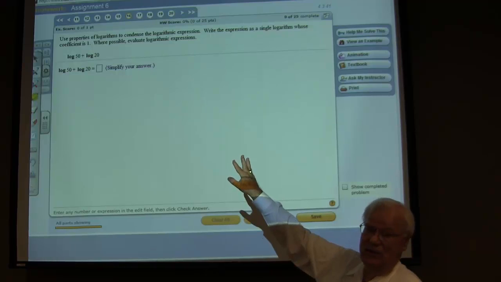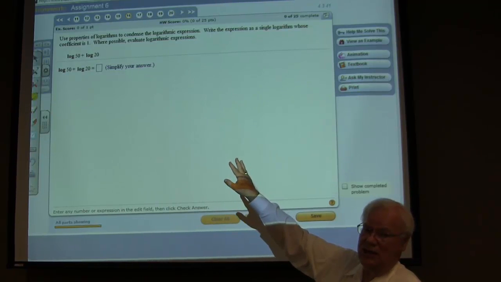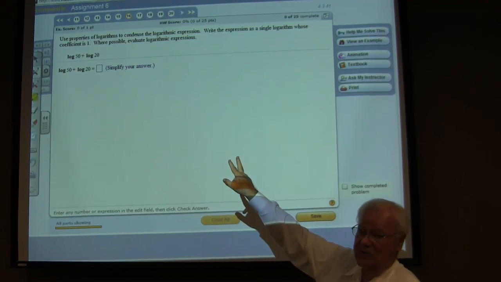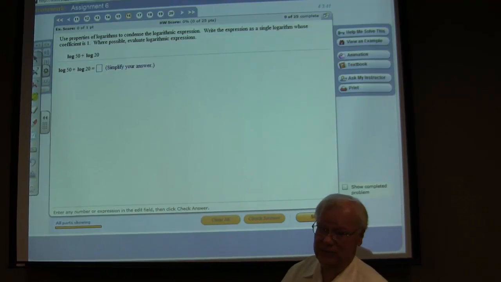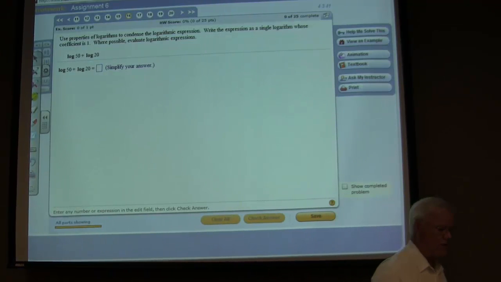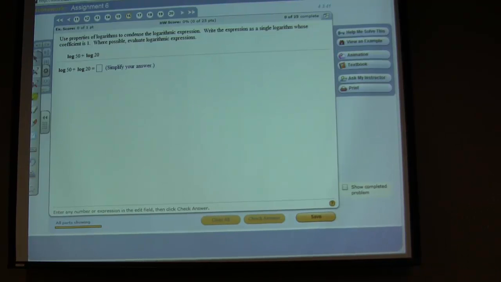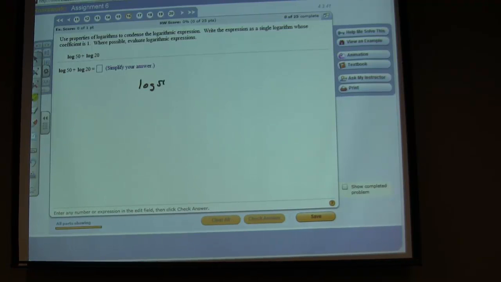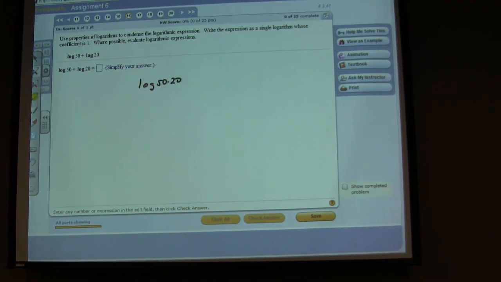But we're adding 2 exponents. What are you doing to numbers when you add their exponents? Well, going back to the beginning of this lesson, we learned that you add exponents when you're multiplying numbers. So that means that this is really the same as the log of 50 times 20, which is the log of 1,000.